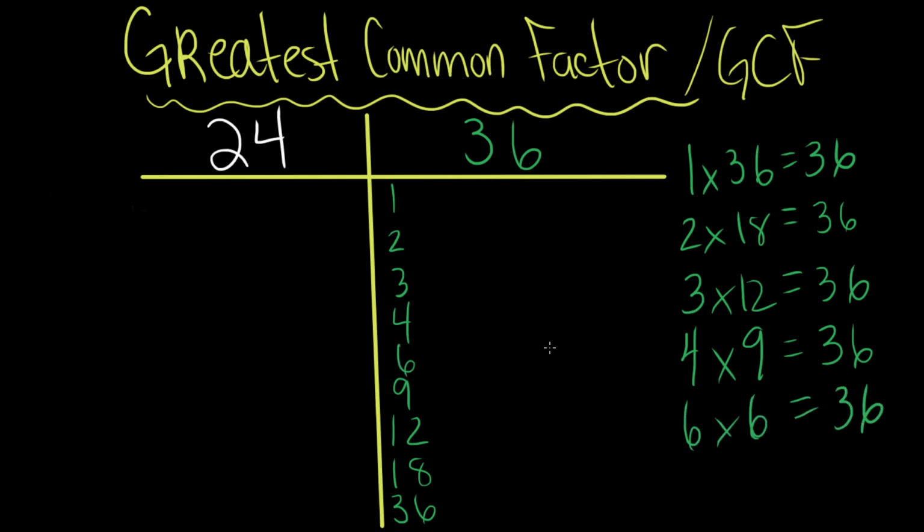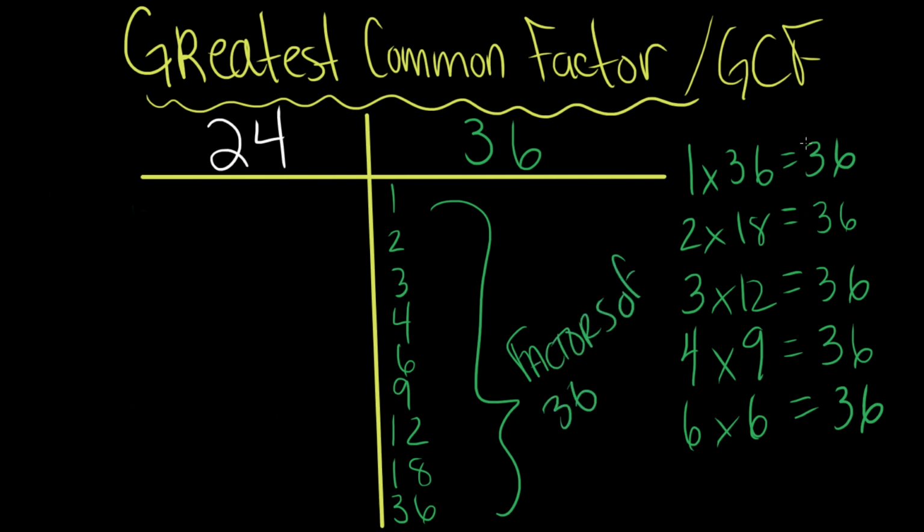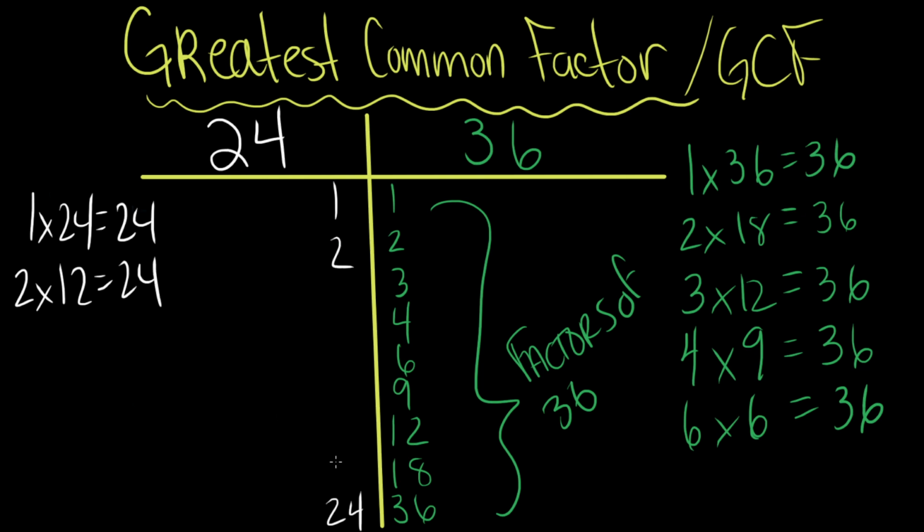So we know 6 is a factor. So look at this number 36. This has lots of factors. These are all the factors of 36. Okay, let's do 24 now. Well, we know 1 times 24 is 24, so 1 and 24 are factors. 2 times 12 is 24, so we have 2 and 12. 3 times 8 is 24, so we have 3 and 8.